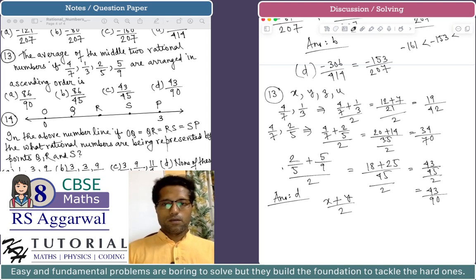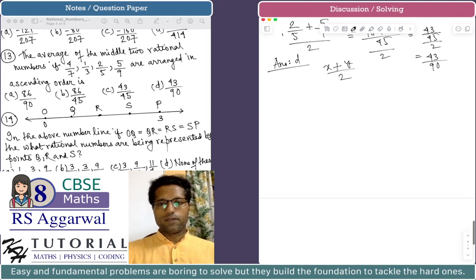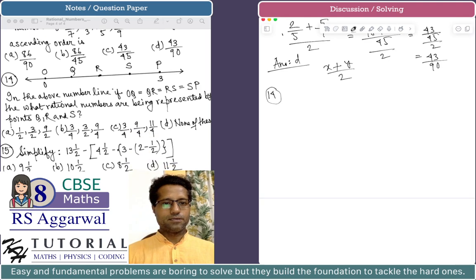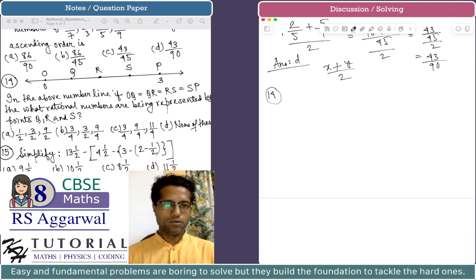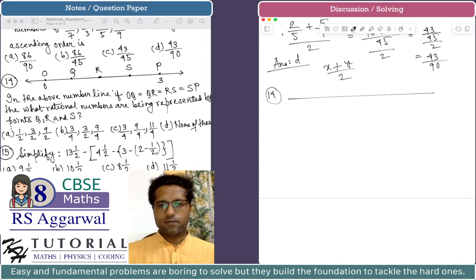Okay, so let's do problem number 14. Problem number 14 says that in the above number line, so we see a number line, O is the origin, and we see P is representing the integer 3. We have the origin O representing the integer 0.